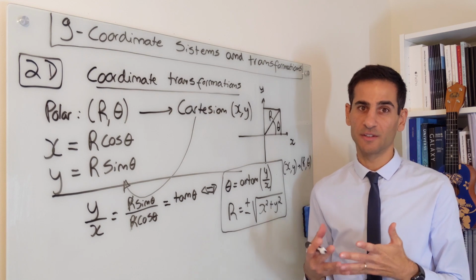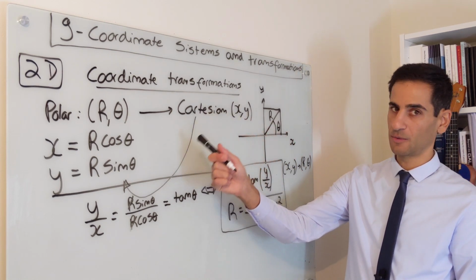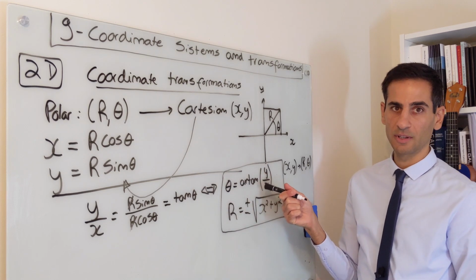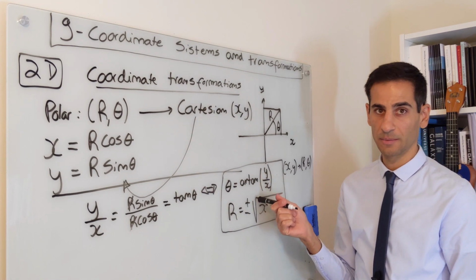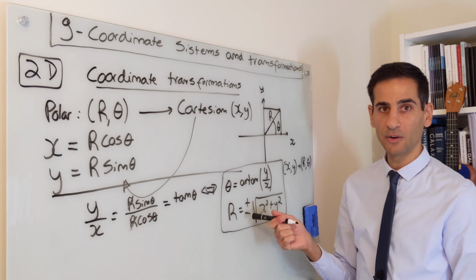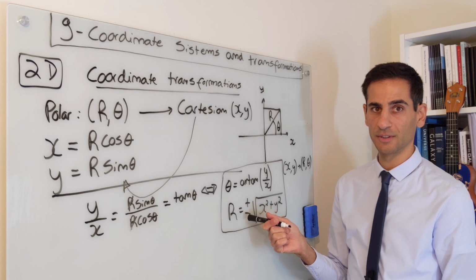And this is where it's crucial for you to think. When you convert from Cartesian to polar, there are multiple solutions, there are multiple angles that will be a solution to this, and also they will be linked with specific solutions.